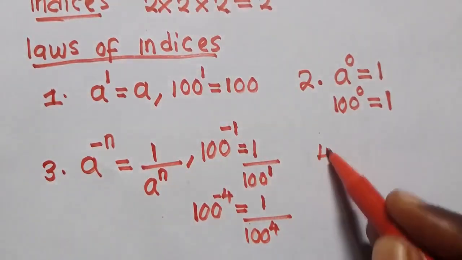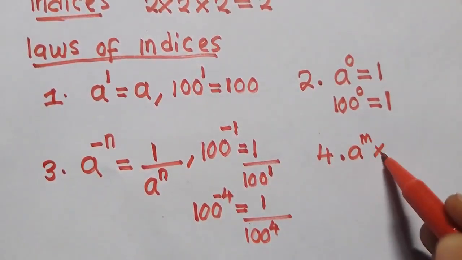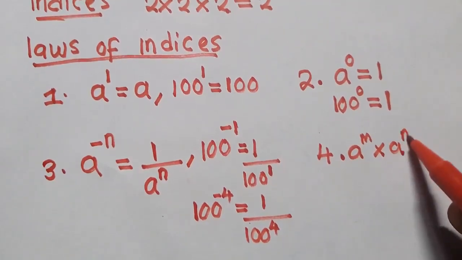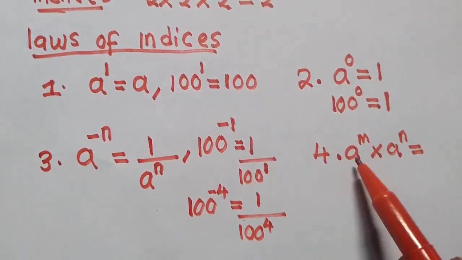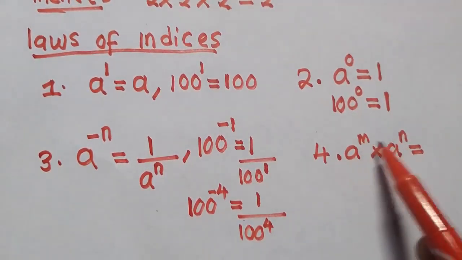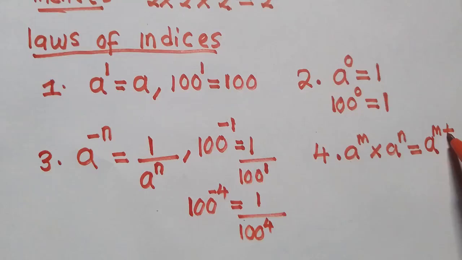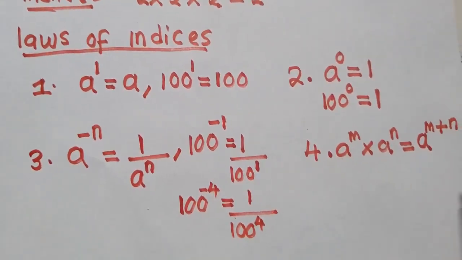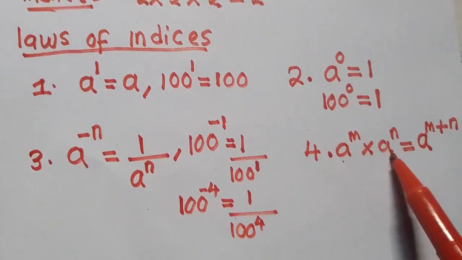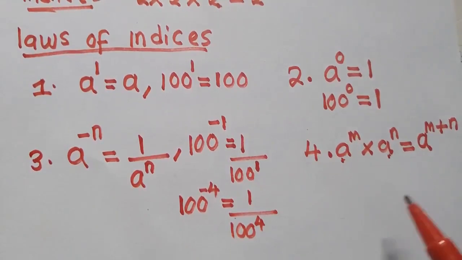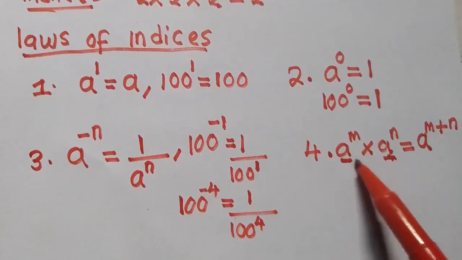Then the fourth one. When you've got a to the power m times a to the power n, what does this mean? Whenever you are multiplying same bases, you just need to add the powers. So this is the same as a to the power m plus n. Understand this.